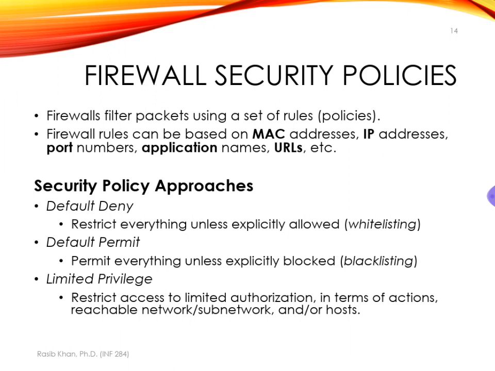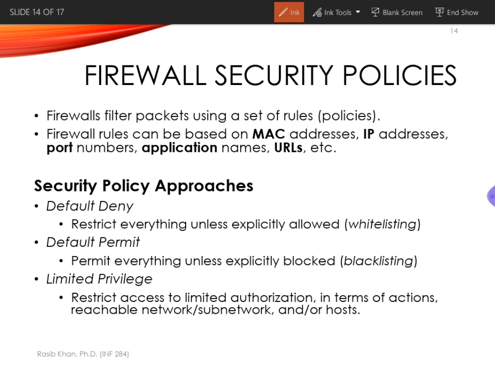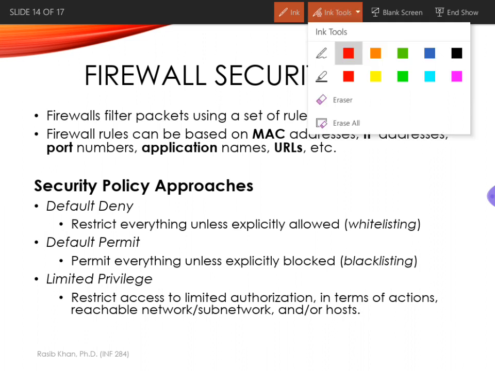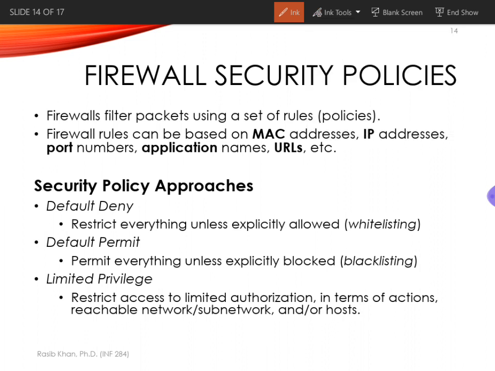So firewalls work with the help of what we call our security policies. We have already mentioned that firewalls inspect packets during their operation, and these packets are filtered in the firewall using a set of rules.